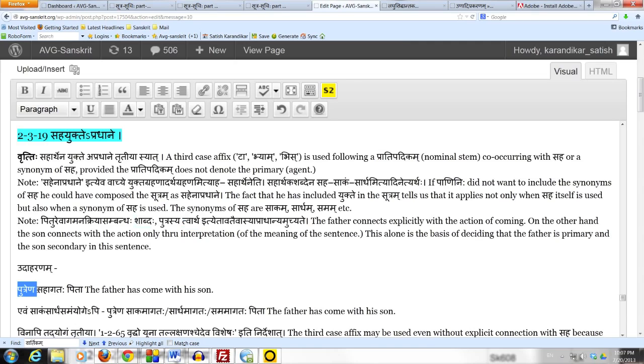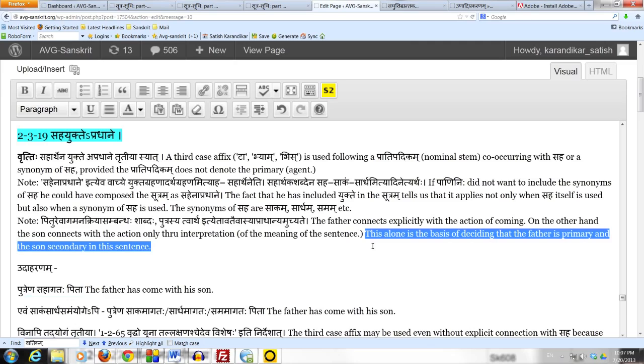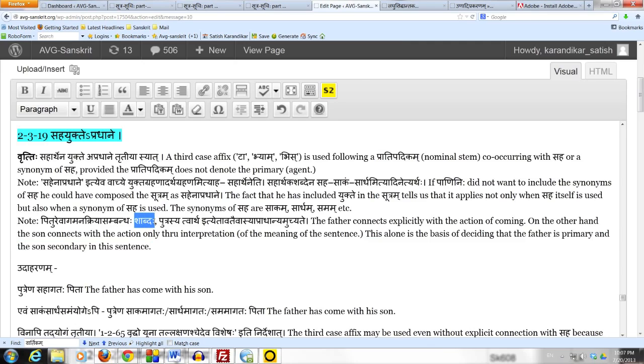So this alone is the basis of deciding that the father is primary and the son secondary in this sentence. Which one has the explicit word connection? That is primary. The other one is secondary because it has only an implied connection. Okay, so this sutram now assigns a third case affix to putra because he is connected with the word saha and he is not the primary agent.